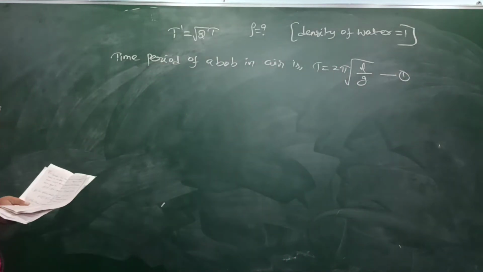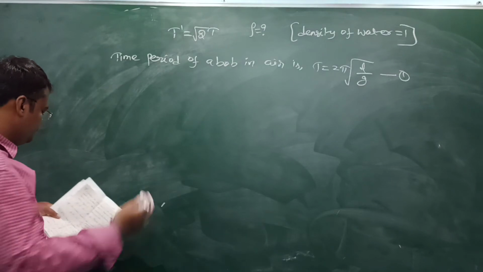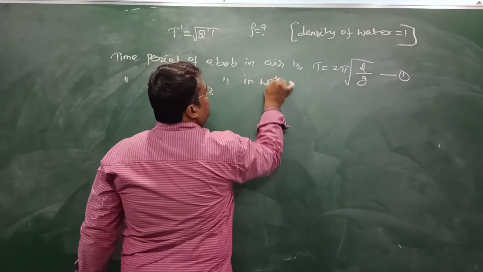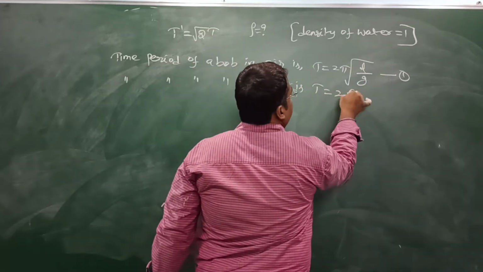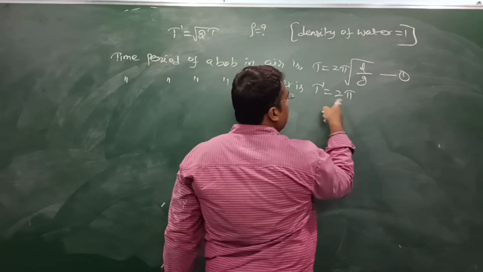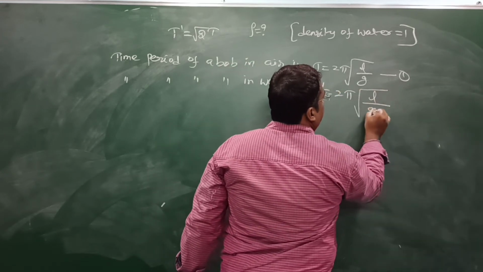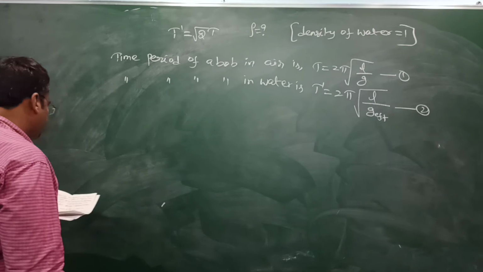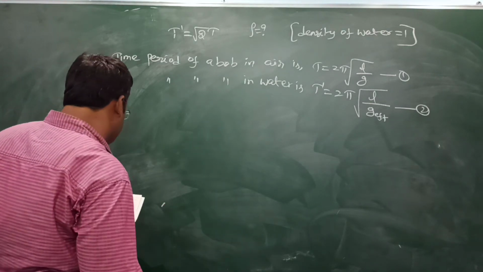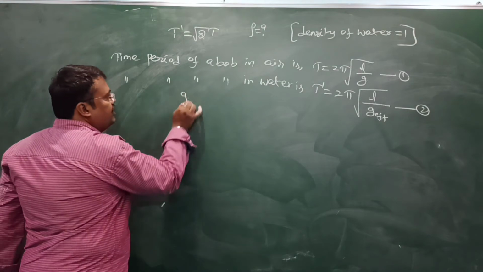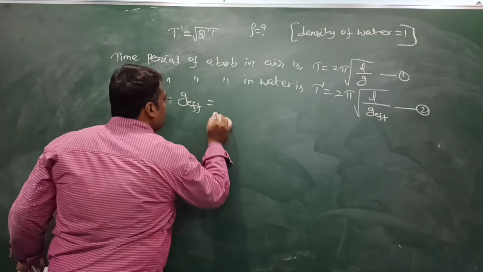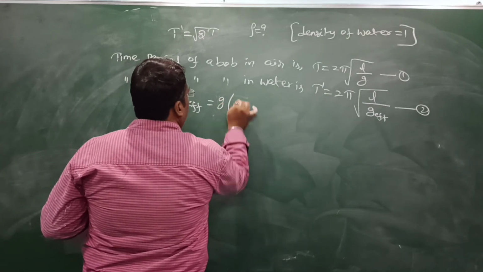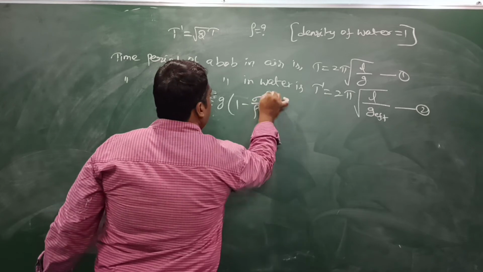When the pendulum bob oscillates in water, I take the time period as T dash is equal to 2 pi root L divided by g effective. This is the second equation. What about g effective? That is g dash, or g effective, I am considering here. We just found that g effective is equal to g into 1 minus sigma divided by rho.